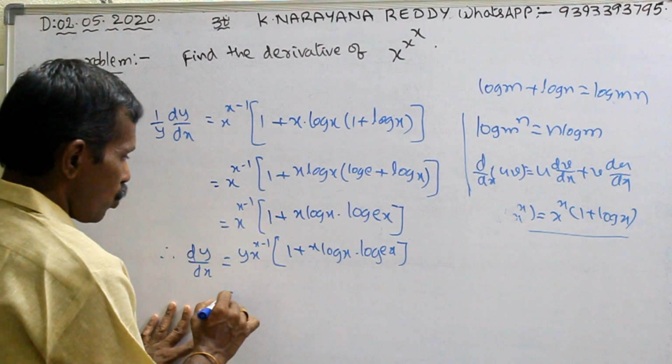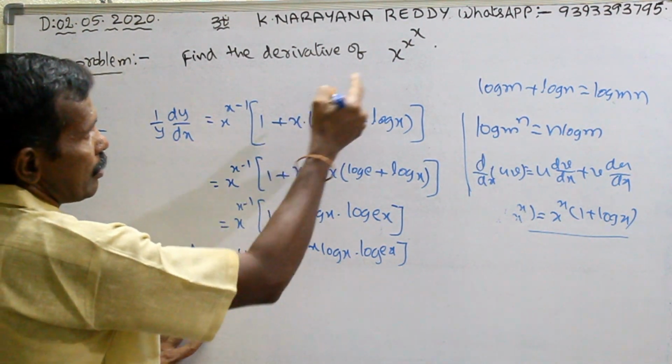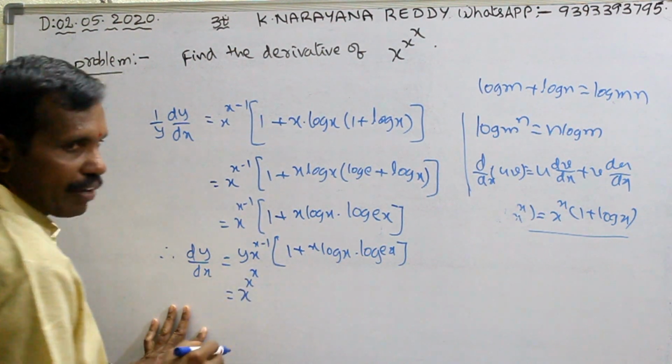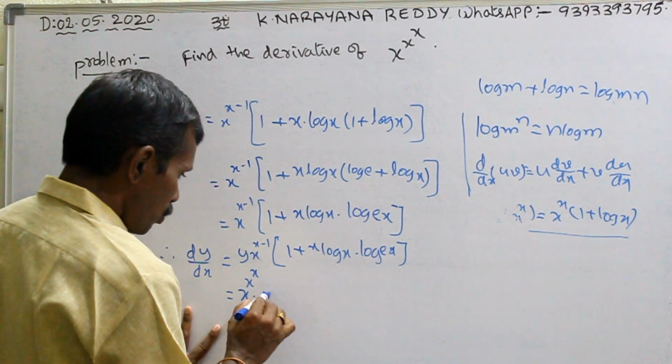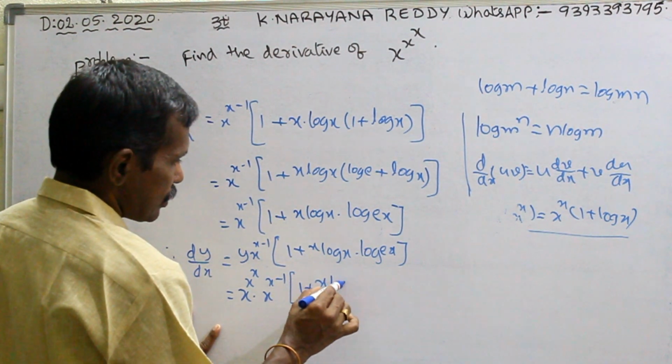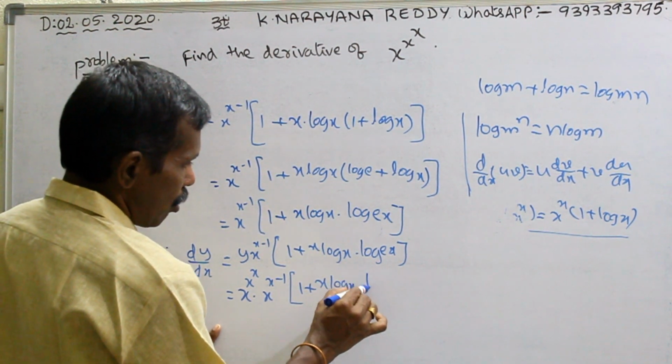Okay. Now what is y? y is nothing but this one, x to the power of x to the power of x, into x to the power of x minus 1 into 1 plus x log x into log ex.